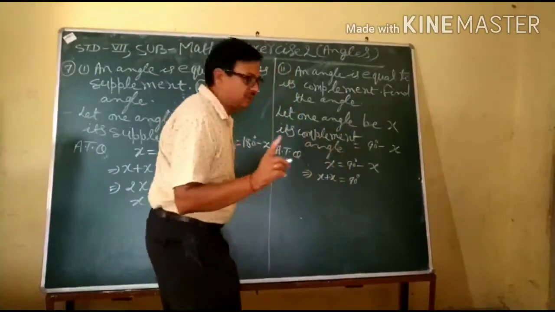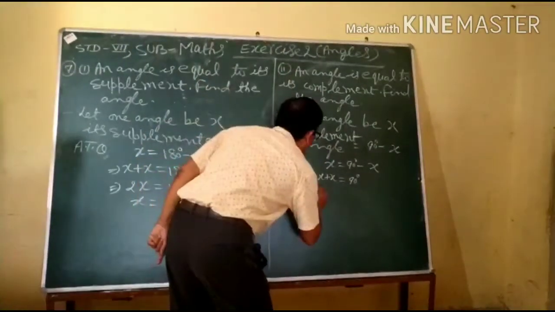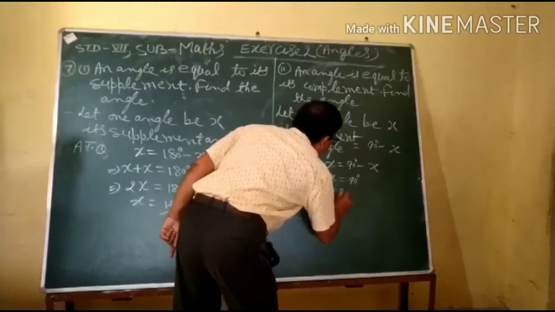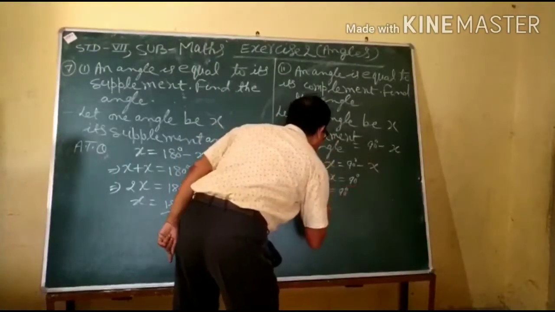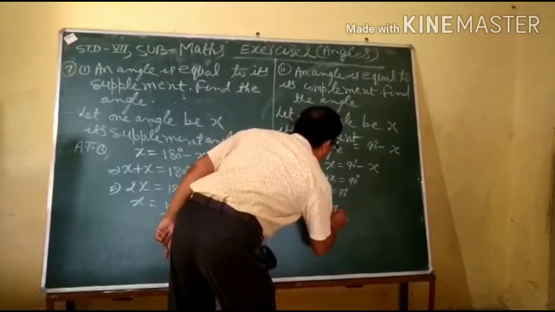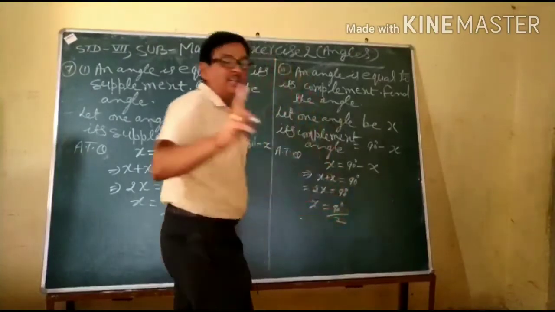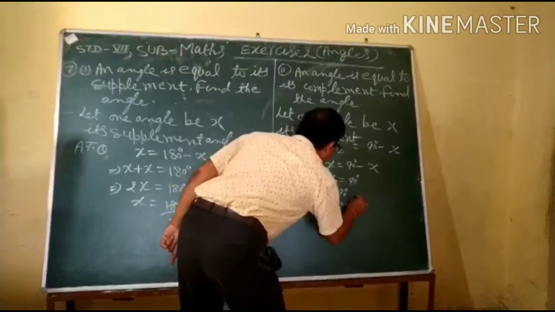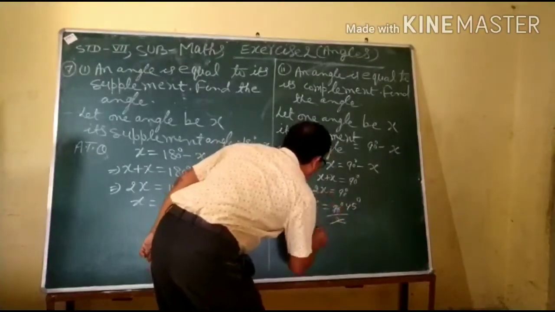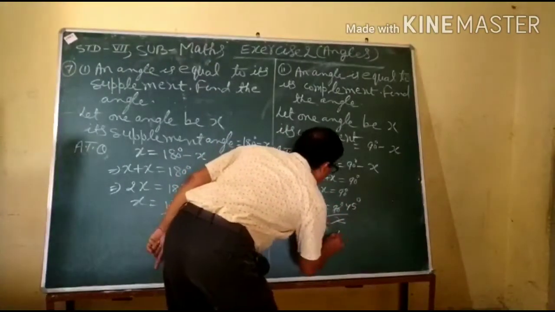Now x plus x, both are variable terms, so 2x is equal to 90 degrees. Now x is equal to 90 degrees divided by 2. When you divide, it becomes 45 degrees. So what is the value of the angle? 45 degrees is your answer.